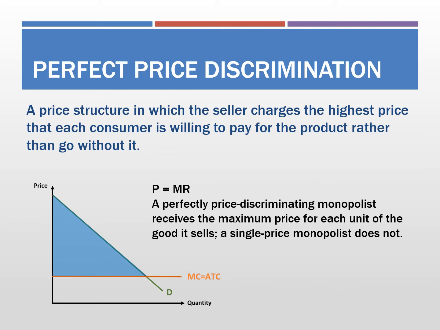So the whole blue triangle that we've seen previously that belonged to the consumer surplus now all belongs to the producer surplus. So the company or the monopoly who imposed the perfect price discrimination is willing to capture the maximum amount of surplus in the market.